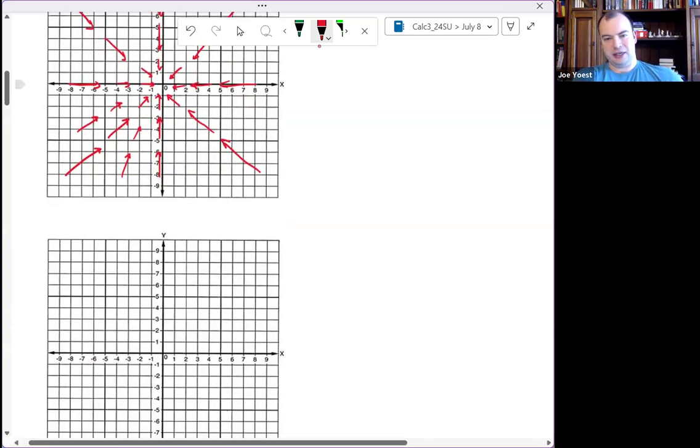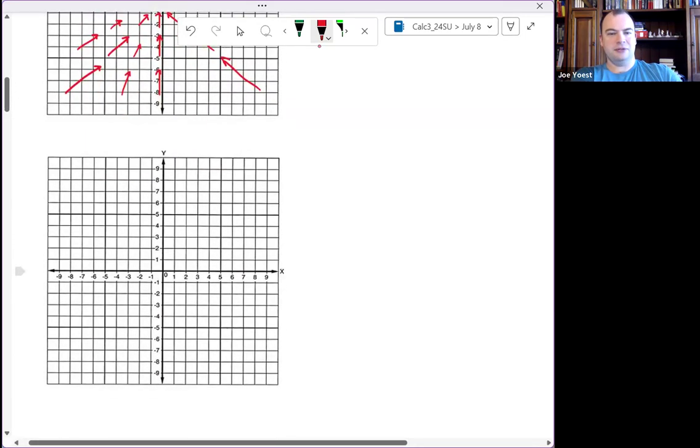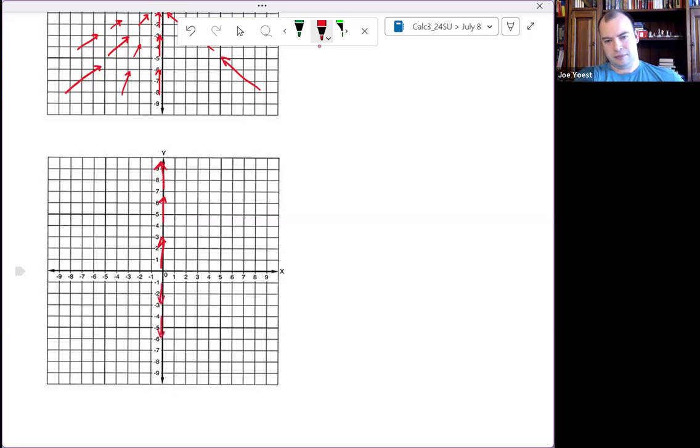I could also have something like this, maybe where kind of along the y direction, I'm going away from the origin. And kind of in the x direction, I'm going towards the origin. And then in my quadrants, I might have a behavior kind of like this.